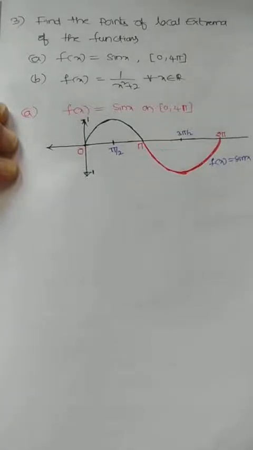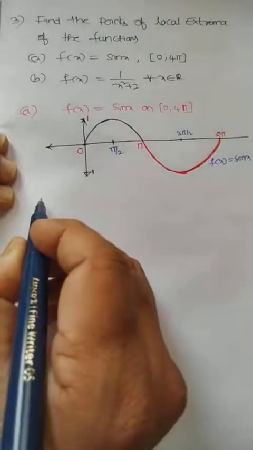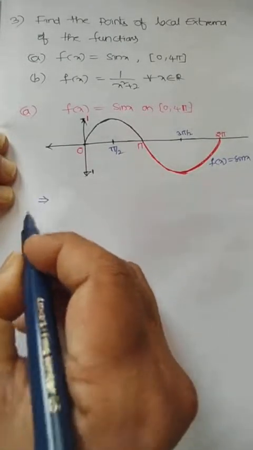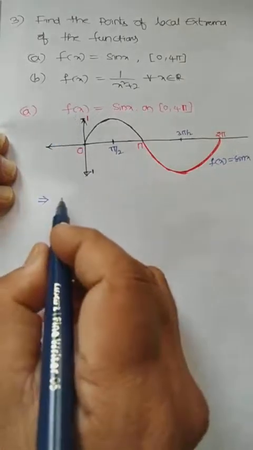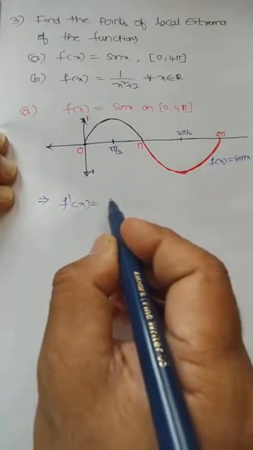Since sin x is neither an increasing nor a decreasing function, it is an oscillating function. So let us solve the problem using the second derivative. Now I find the first derivative of the given function. f dash of x is cos x.